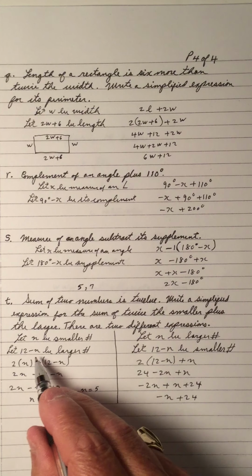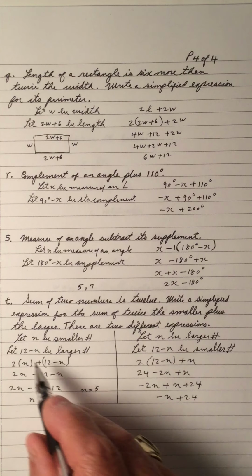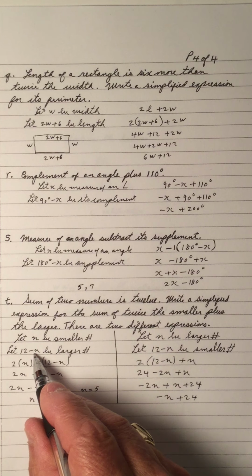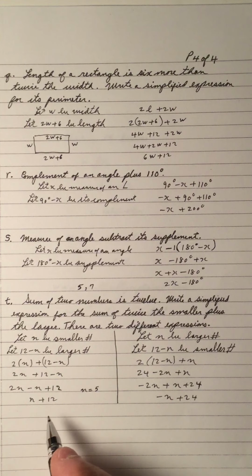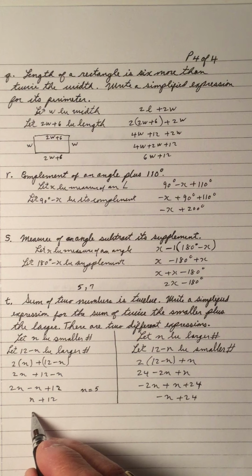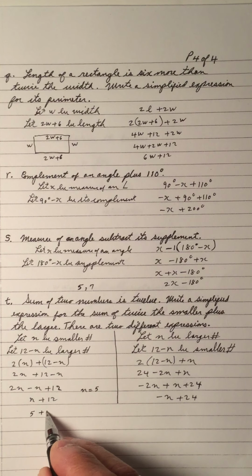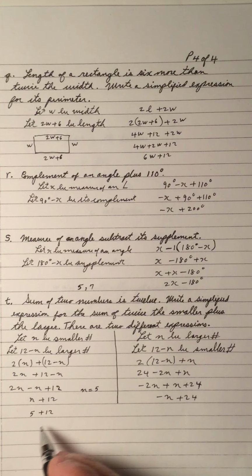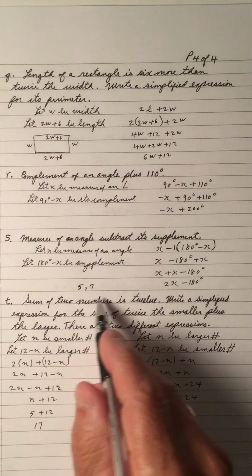That means the larger number is 12 minus 5, which is 7. Makes sense? But this expression says it's 5 plus 12, because n is the smaller. So that expression is representing the number 17 in this case.